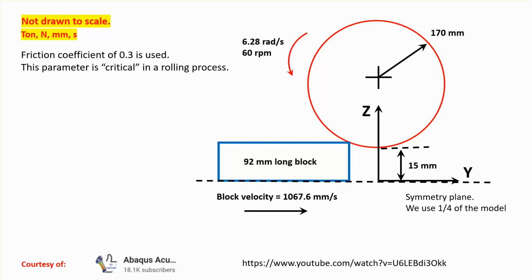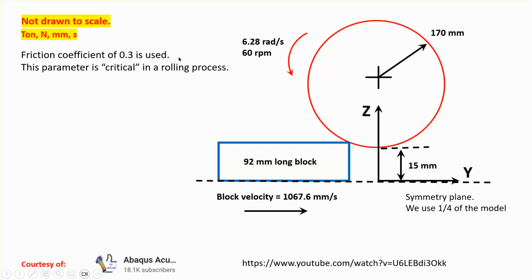The dimensions are here. Now, because this is a drawing not to scale, obviously, and because of the symmetry of the problem, we don't have to model the entire process. We can model only 1/4 of it, and this is the side view of that 1/4 model.